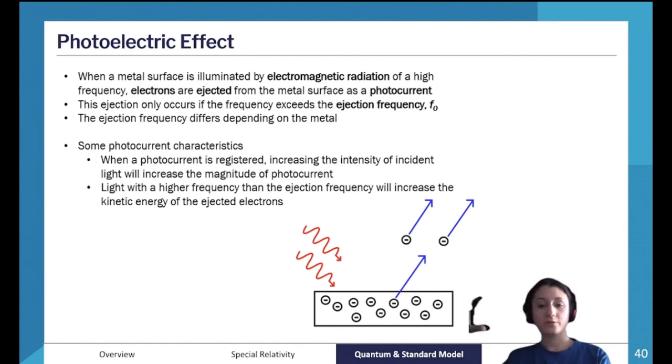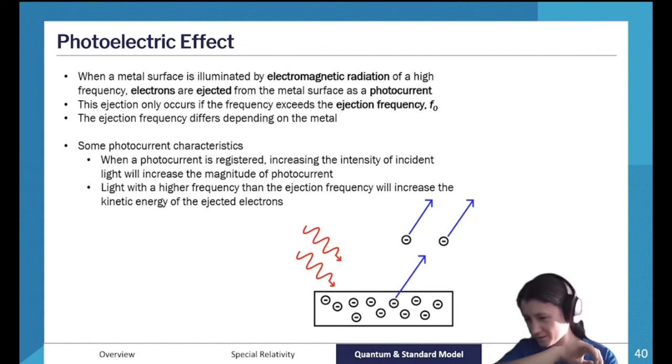So remember, the frequency of the light is related to the color. The brightness is how intense it is, all right? Like how much light there is. So, you could have a really bright, massive torch that you shine in somebody's eyes and it blinds them because it's so bright.